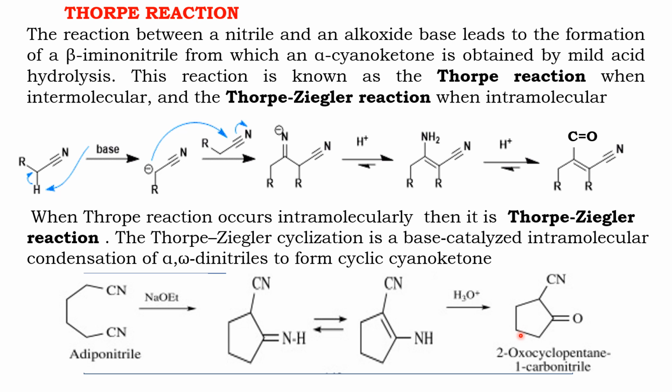So if it is happening intramolecularly within the same molecule, we get a cyclic cyanoketone, and that is the Thorpe-Ziegler reaction.